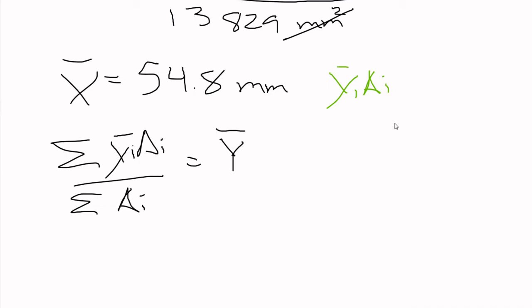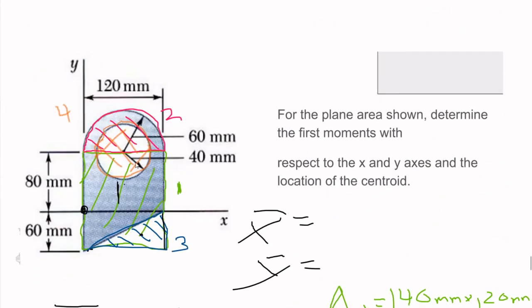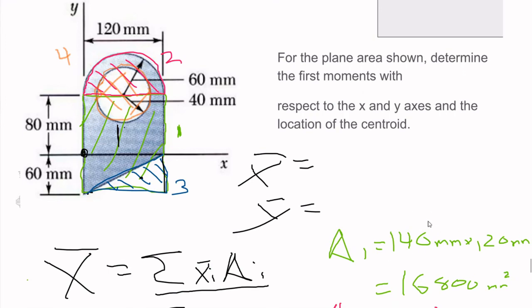So that'll be equal to our Y bar for the green rectangle here. Since the overall height of that is 140 millimeters, it'll be located at 70 millimeters from the top or the bottom.